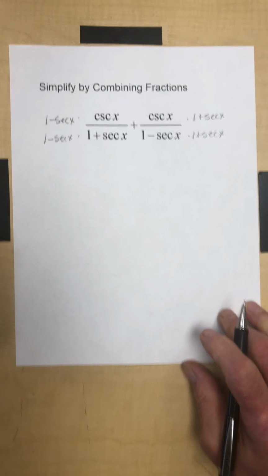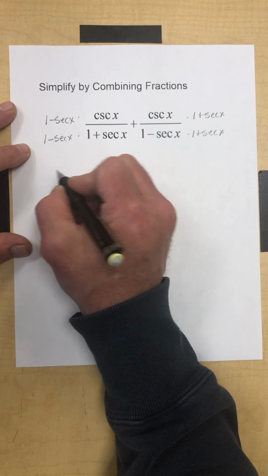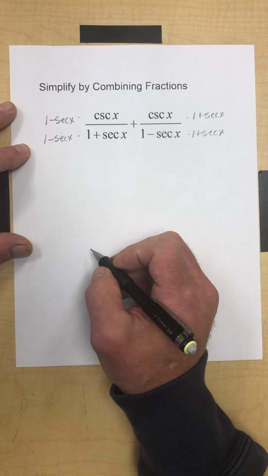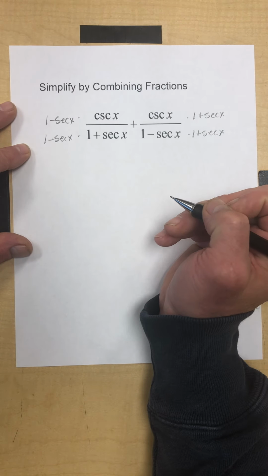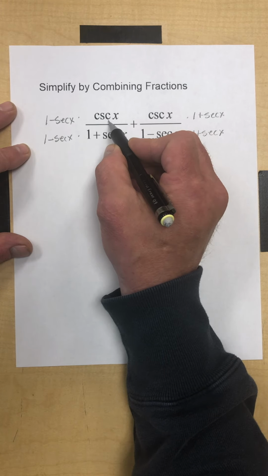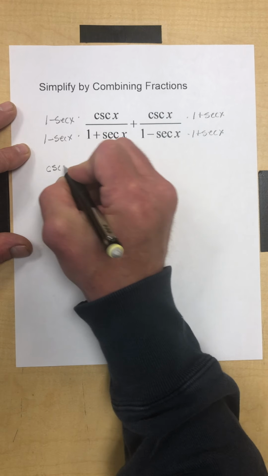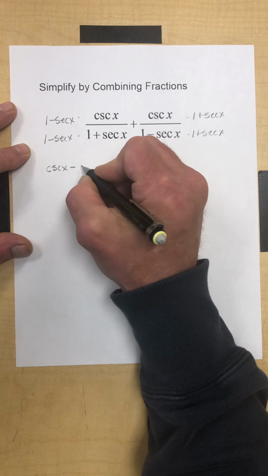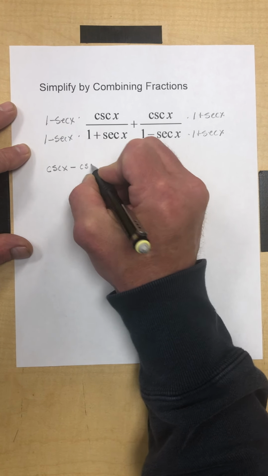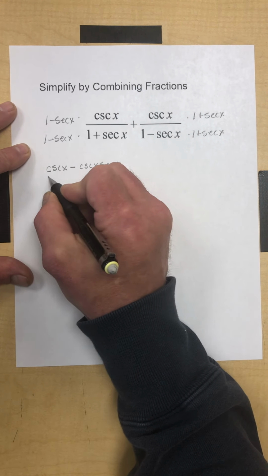Okay. All right, so let's see. Okay, this guy over here. What am I going to want to do? I think I'm going to distribute this cosecant through this 1 minus secant of x. Okay, so that'll give me cosecant of x minus cosecant of x secant of x right there.